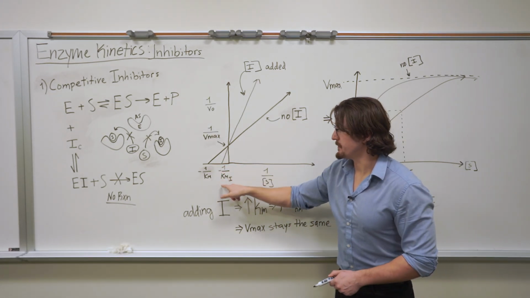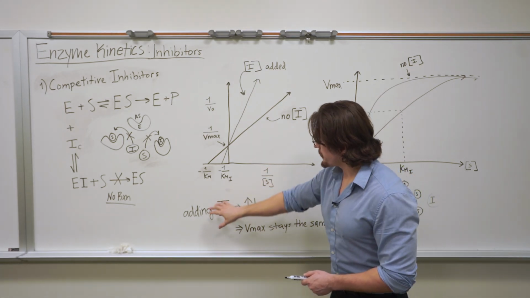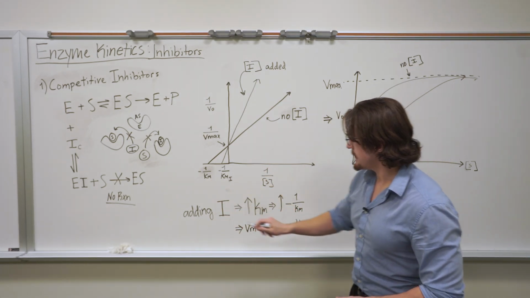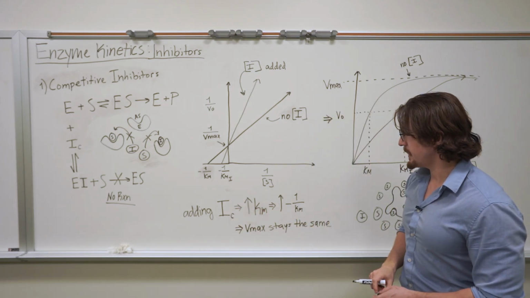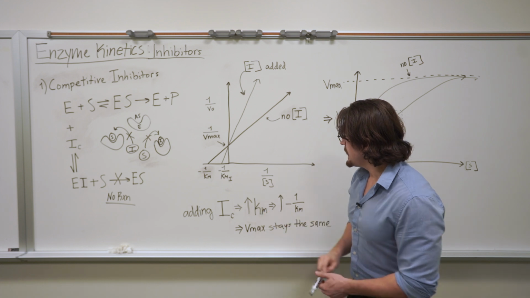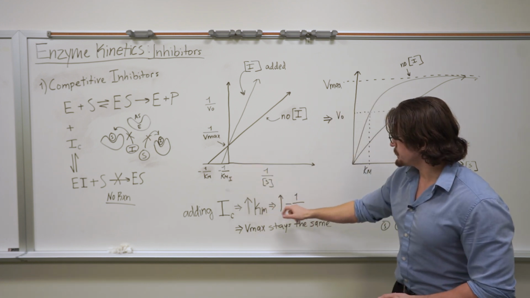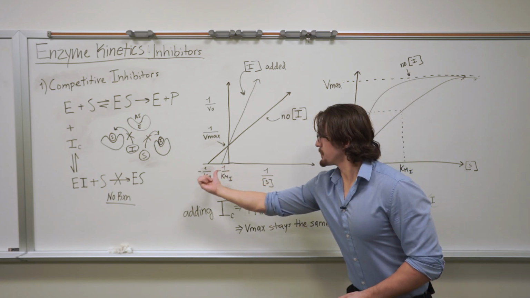And that's one thing that can confuse people, so just make sure you have that right in your head, all right? So in summary, what this is telling us is that if we add an inhibitor, specifically a competitive inhibitor C, that's going to increase the Km. And we see that in the plot because the -1 over Km is increasing. It's moving towards the right.